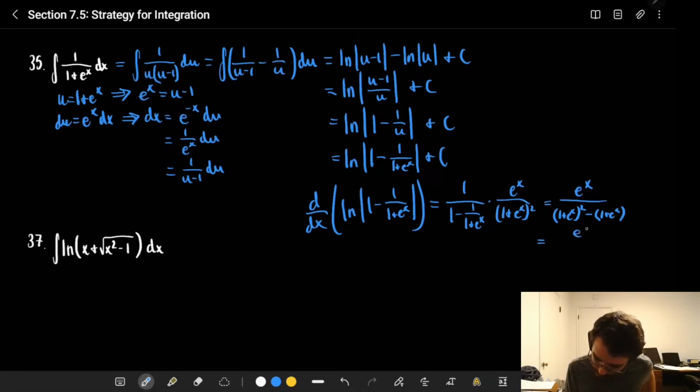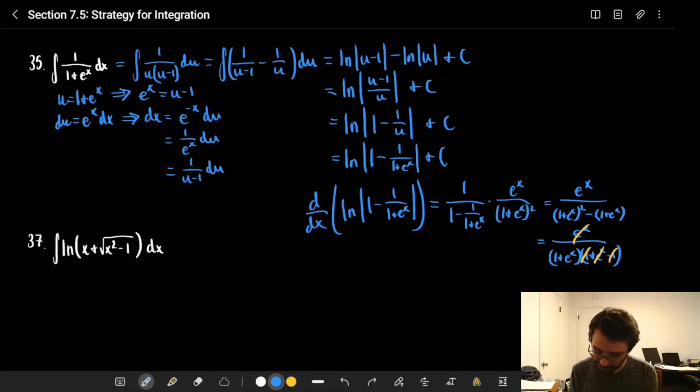And I mean that's e to the x over 1 plus e to the x appears in both of those. So that's 1 plus e to the x minus 1 if I factor it. But then those cancel, and you're left with that. It does work. I didn't make a mistake. Wow! That's a wild one. Let's see how much further I can get.